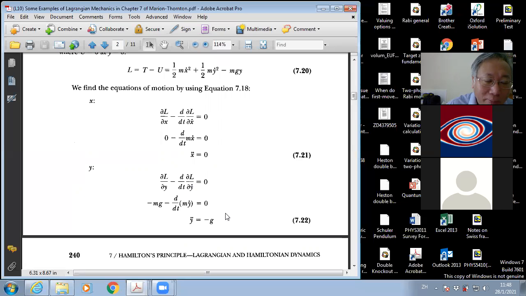So combining, after simplification, we obtain y double dot equal to minus g. And this is exactly the same equation of motion based upon Newtonian mechanics.